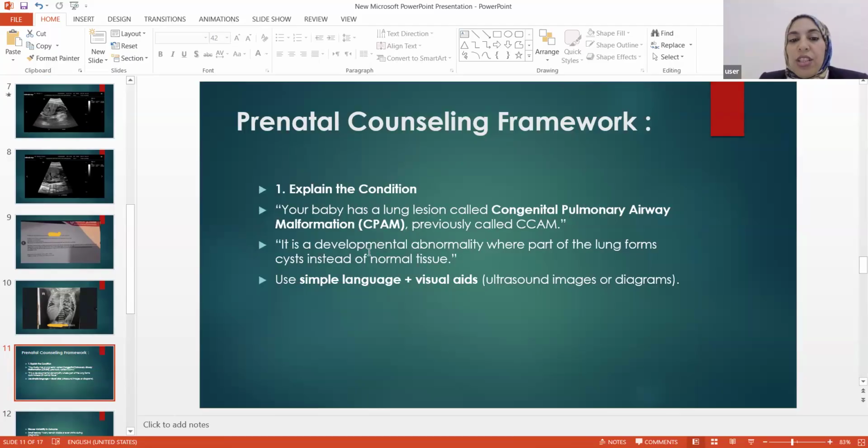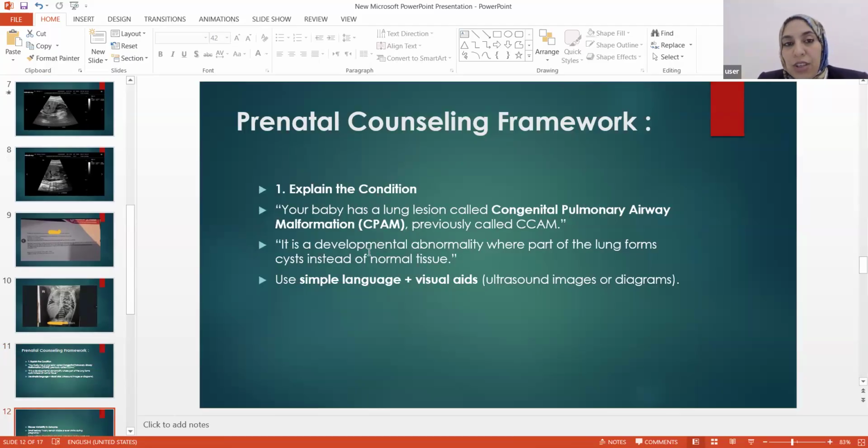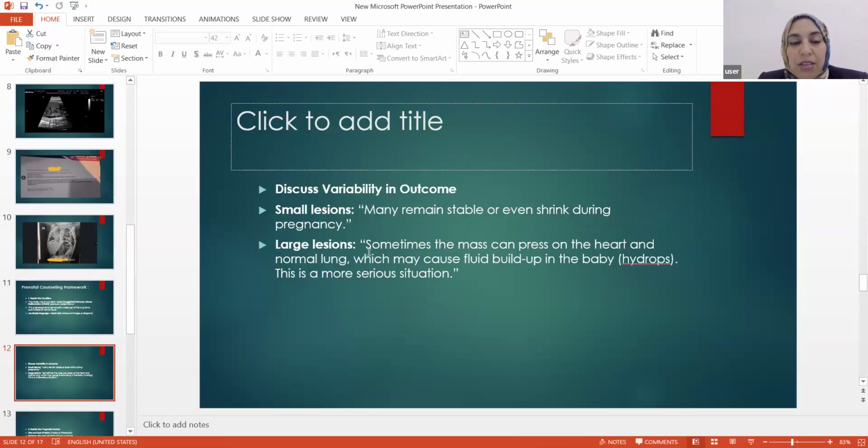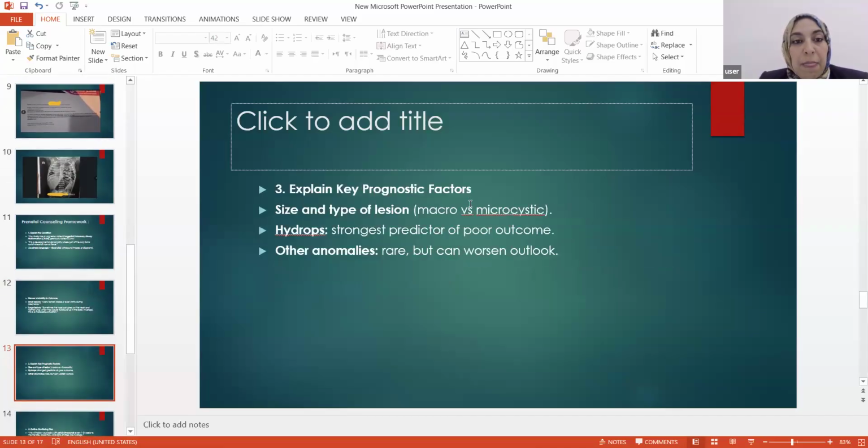Use simple language and use visual aids if you can illustrate visually to the parents. Discuss the variability in the outcome. This is the second step. What is the outcome of this lesion? If it's a small lesion, it will shrink during pregnancy. If it is a large lesion, it needs surgical intervention or other measures.